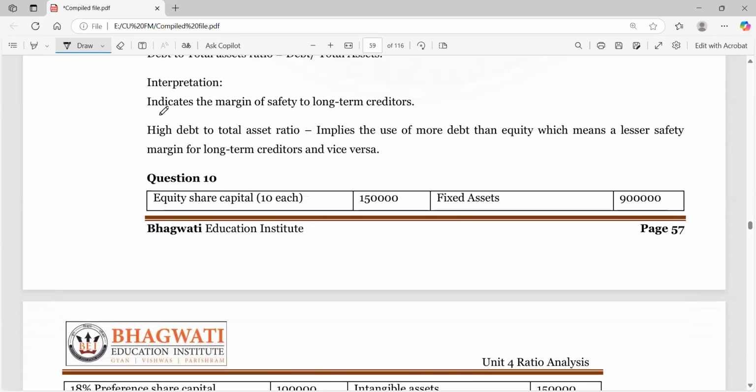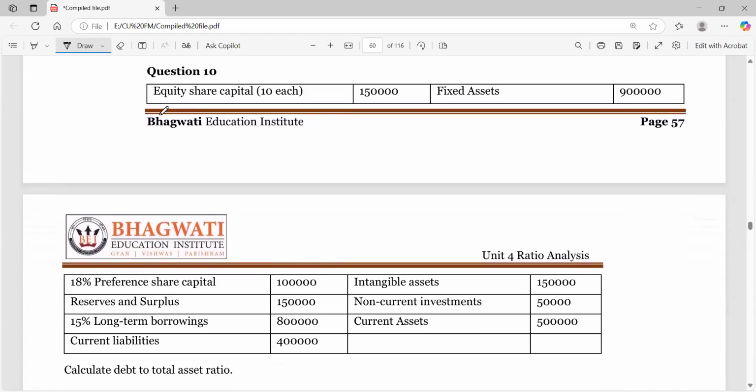So we will do the interpretation after solving the 10th question. Listen, question number 10. What do we need to calculate here? Debt to total asset. What is the formula? Long-term debt divided by total asset. So first component, what are all the items that will be included in the debt? Equity share capital, no. Preference, no. Reserves and surplus, no. Long-term borrowings of 8 lakhs should be included.